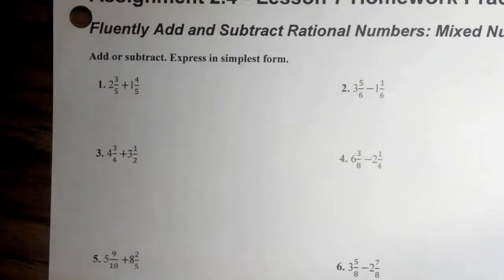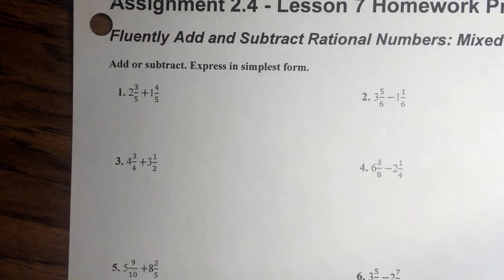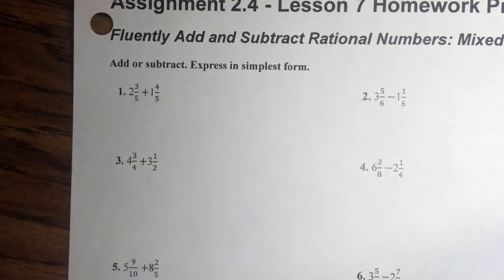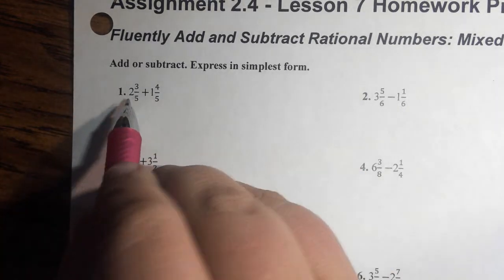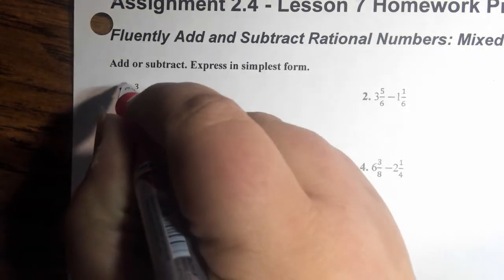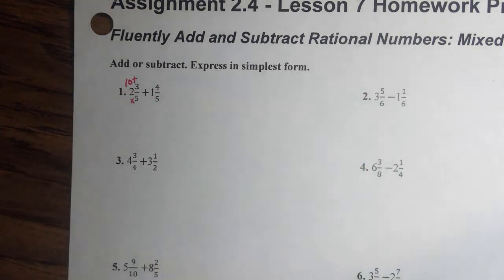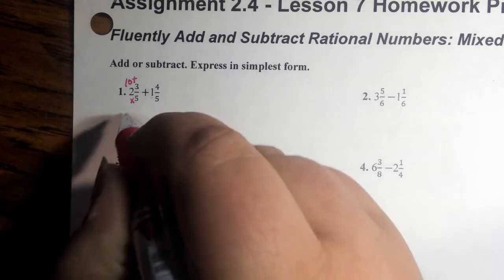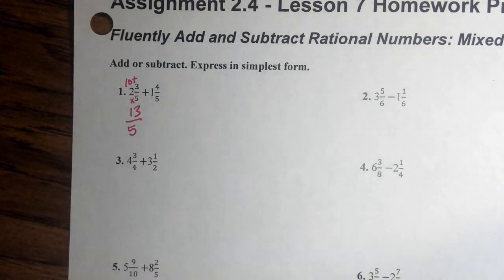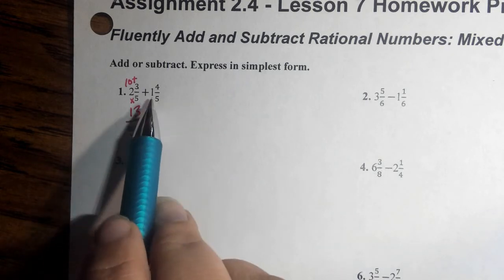Okay, looking at number 1, we're first going to turn our mixed numbers into improper fractions. So we've got 2 times 5, which is 10, and then 10 plus the numerator 3. So we have 13 over 5. Okay, and then we've got a plus sign.